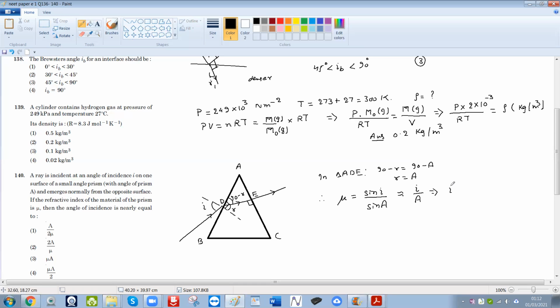So that gives us angle of incidence as mu into A, and hence option 3 is the correct option.